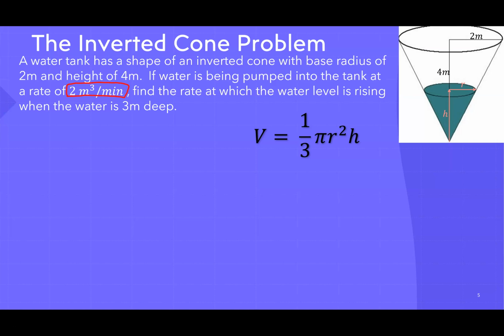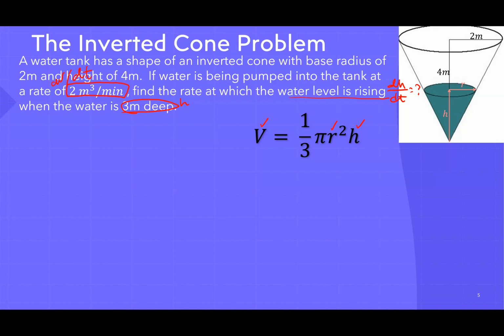Now, in this equation, we have V, we have r, and we have h as our variables. The thing that we know is dV/dt. And then the question is asking the rate at which the water level is rising. So it's asking for dh/dt when h is 3 meters deep.